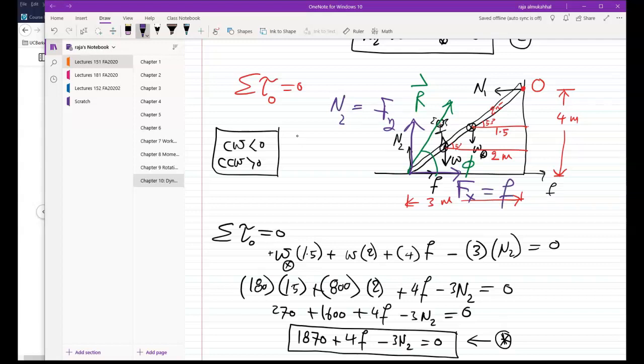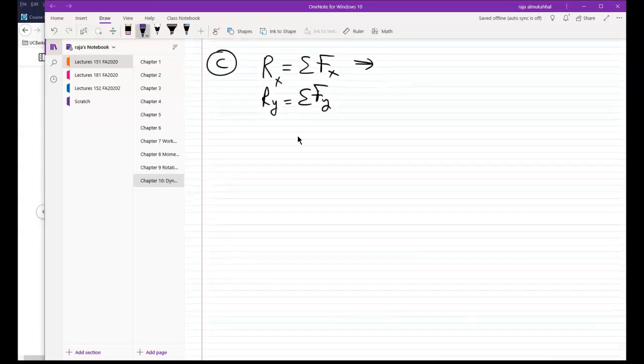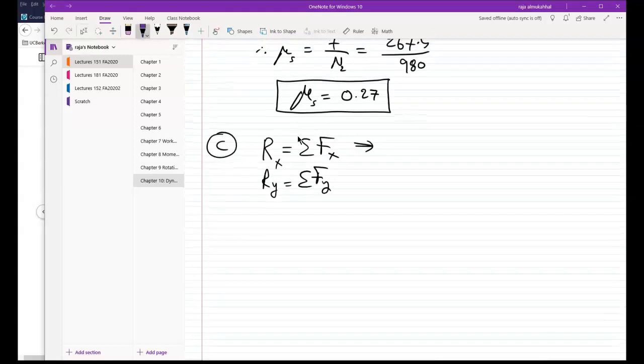Okay? In other words, I don't need to do any calculations here. All I need to do is, R sub x here is going to be the friction force, and then the y here would be the N2. Well, the friction force is equal to what?